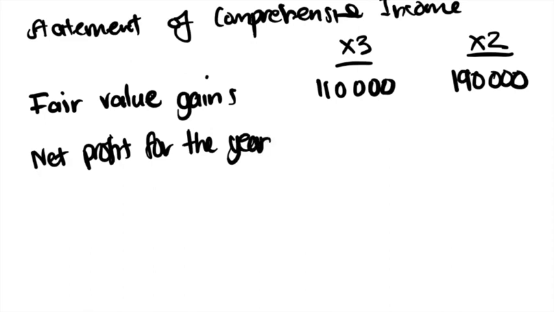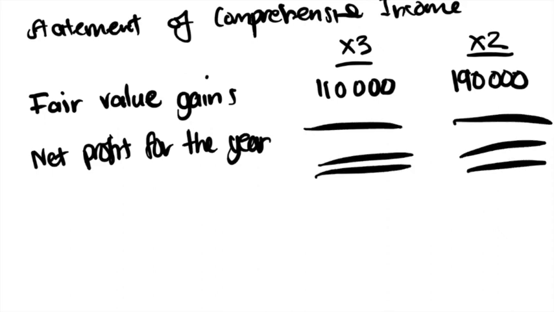Okay, and our net profit for the year, we are told that the profit for X3 was 180,000. I'm just going to do a little working one over here and working two.